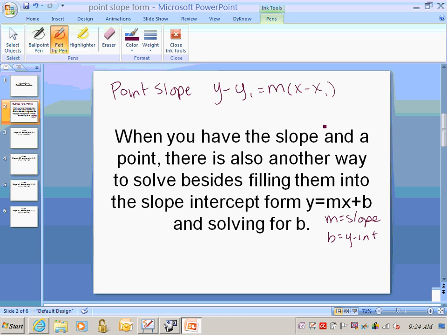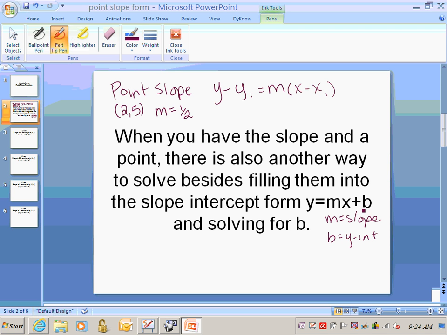So when we're looking at equations, an example of when we would use this would be when we're given the point and the slope. If they gave us, like, 2, 5, they said the line runs through 2, 5, and the slope, the m, was 1/2. Okay? They gave us a point and a slope. The quickest equation to use would be point slope form.